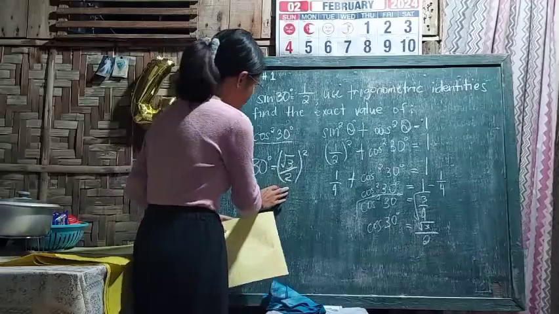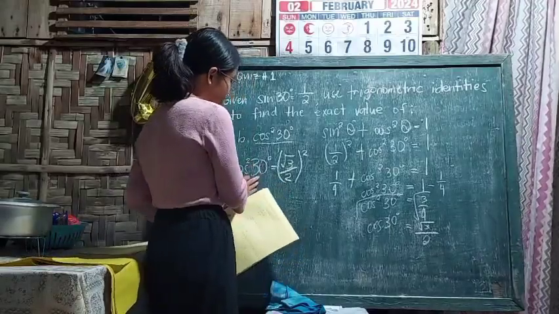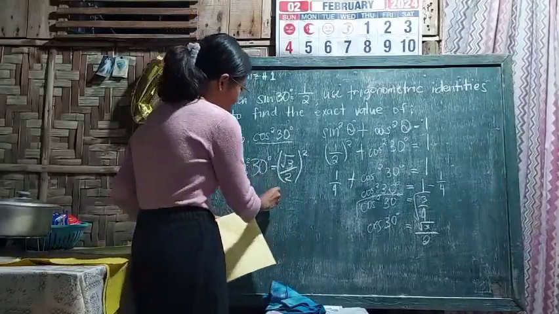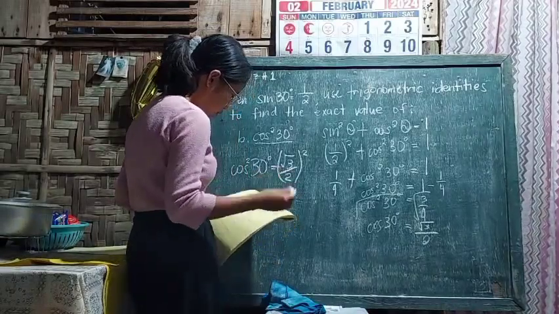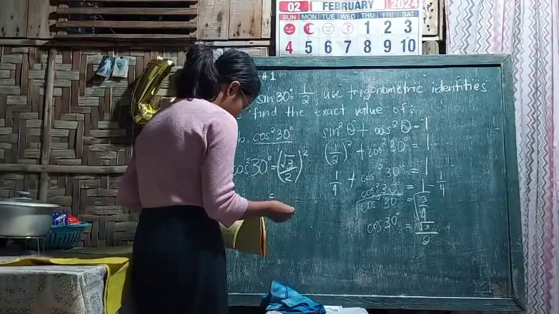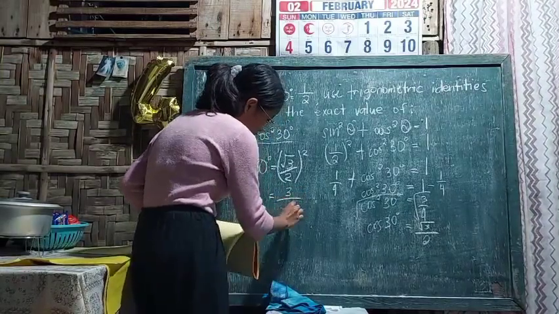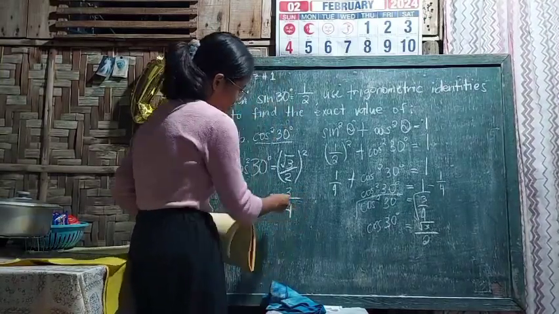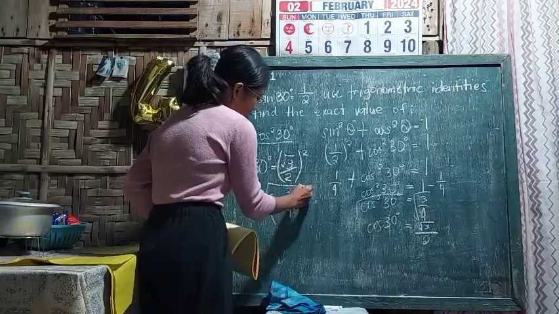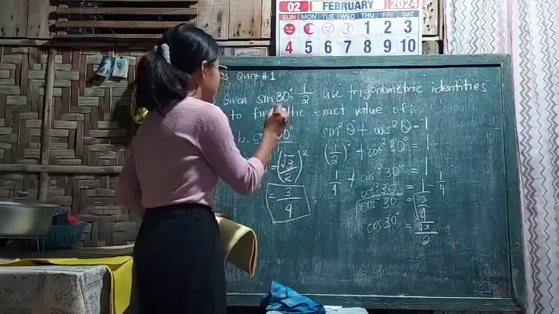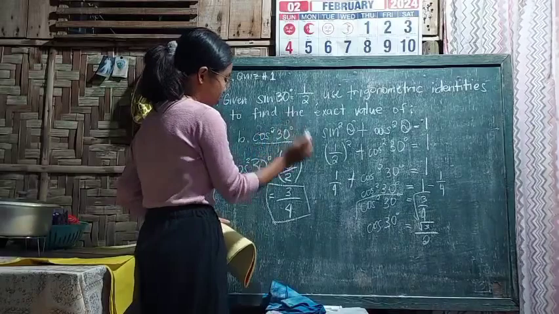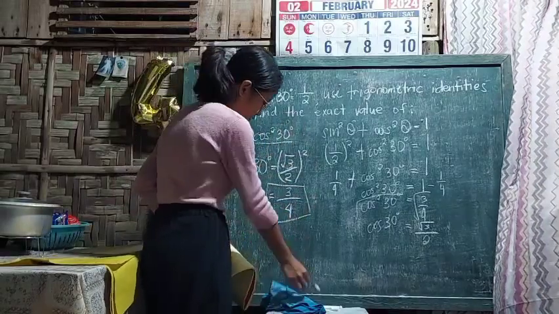We need to square this to find the value of cosine squared 30 degrees. So squaring this, we are going to have 3/4. We have our value of cosine squared 30 degrees: 3/4.